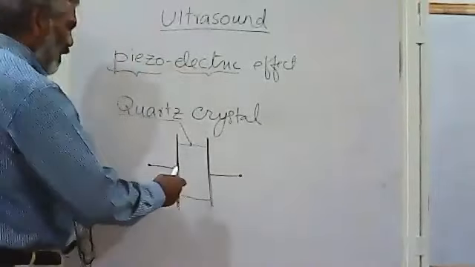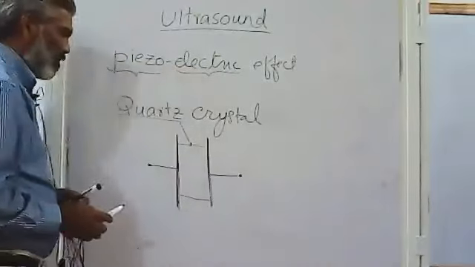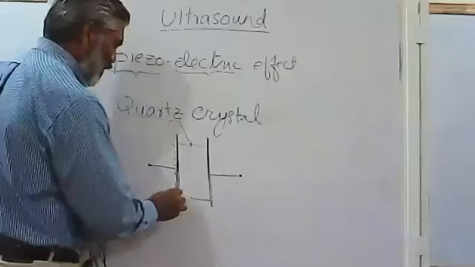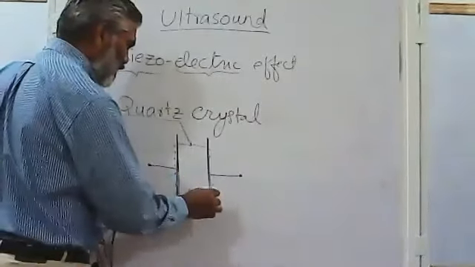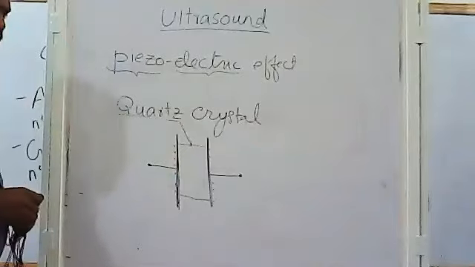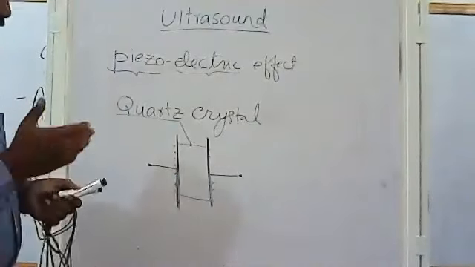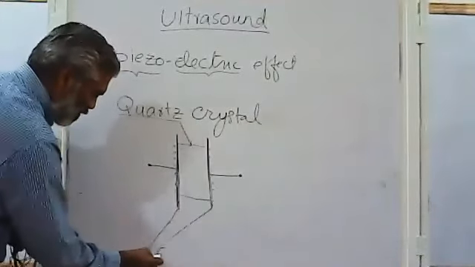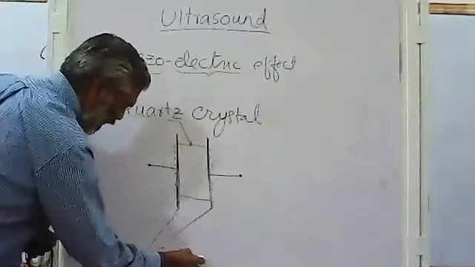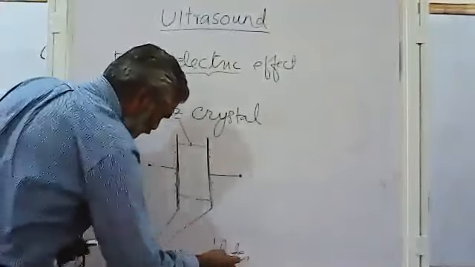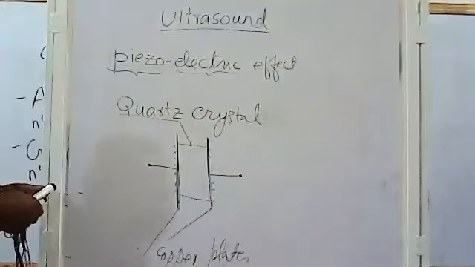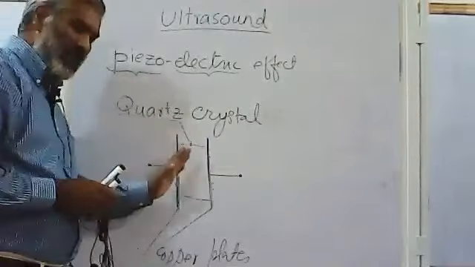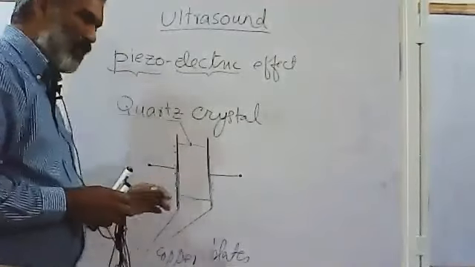So when you create a pressure from the two sides of this plate, we have positive and negative charges appearing on these two plates. As a result, we have a potential difference created between the two plates. These are copper plates. So by creating pressure on the two sides, we create a potential difference, and this is known as the piezoelectric effect.